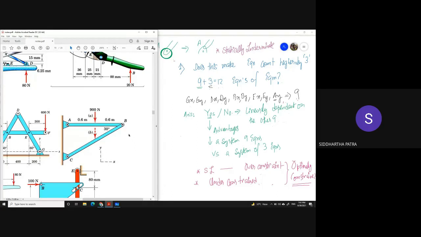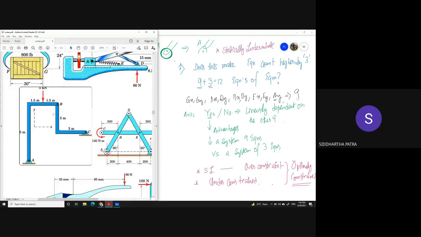But in the end, you know that you can only have 6 linearly independent equations. You have 6 linearly independent equations and 6 unknowns. So you have the perfect system to solve for those unknowns, which means this system is also optimally constrained.